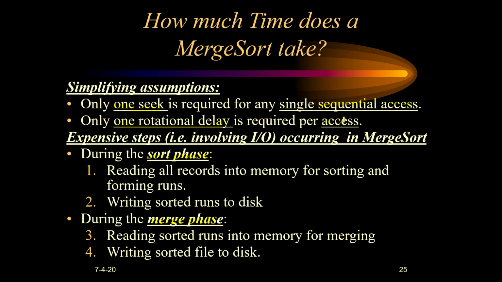Now in the sort phase we have two steps: reading the data from the disk into the memory, and then we do sorting, and after sorting we save it into runs. So this is the first step. The second step is, after the run is written, we have to write the runs into my disk.